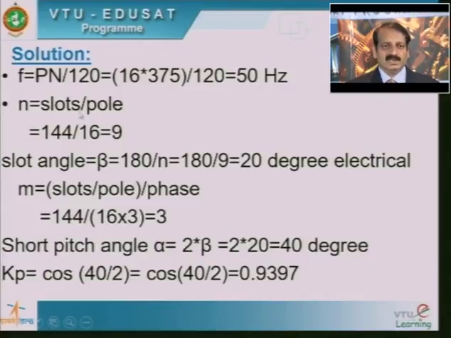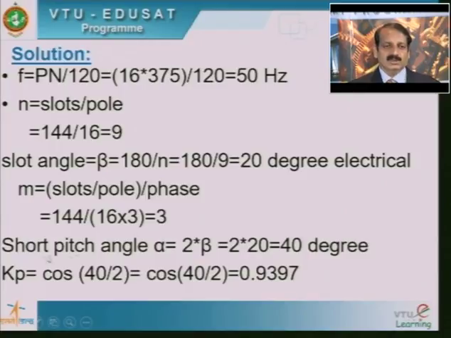So, slots under each pole are 9. So, slot angle we can calculate as 180 divided by 9, which is equal to 20. M, slots per pole per phase, is calculated as 144 divided by 16 into 3, which is equal to 3.